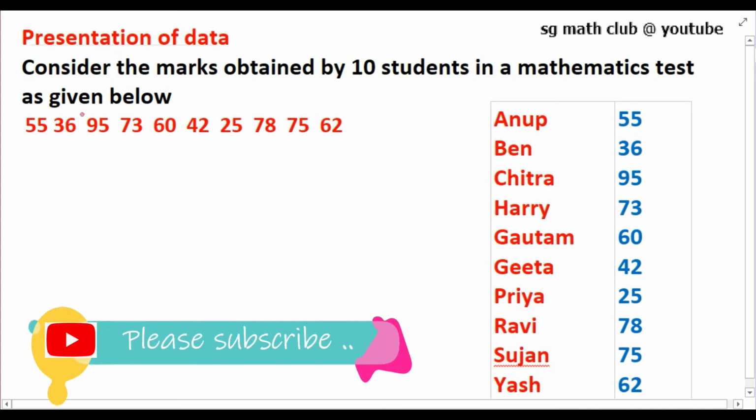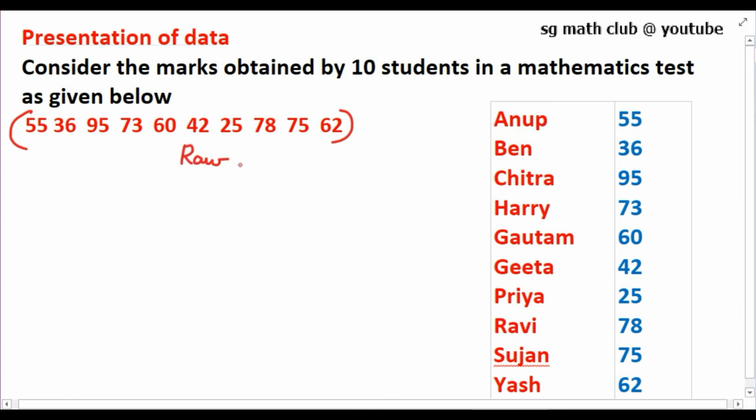Now the data in this form is called raw data. We call this type of data raw data, and it is put in a tabular form. Now by looking at this, can you find out which is the highest and the lowest mark? It will take some time to find the highest and lowest mark. You can see that the lowest mark is 25 and the highest mark is 95.